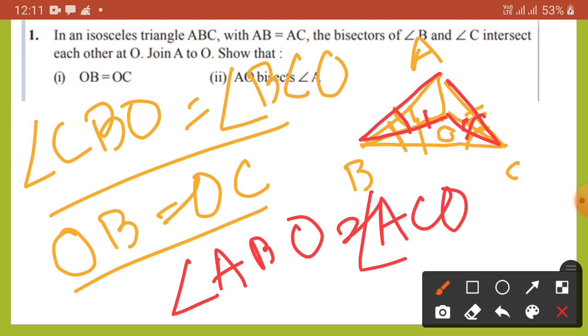Half of angle ABC is ABO, and half of angle ACB is ACO here. So OB and OC are bisectors of angle B and angle C respectively.